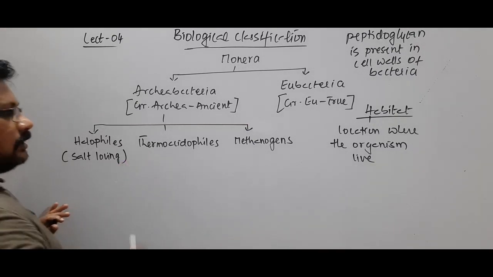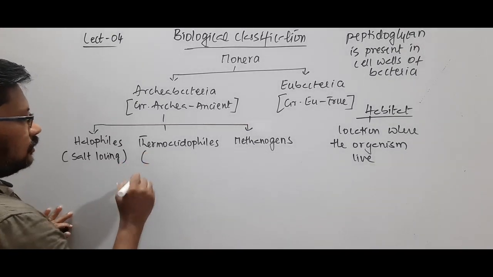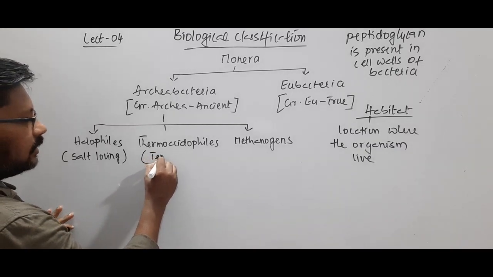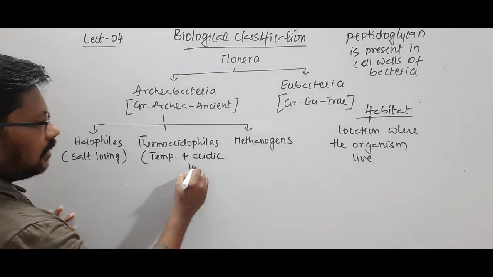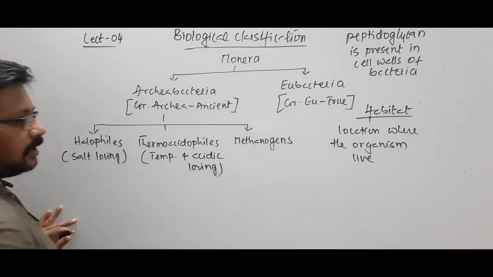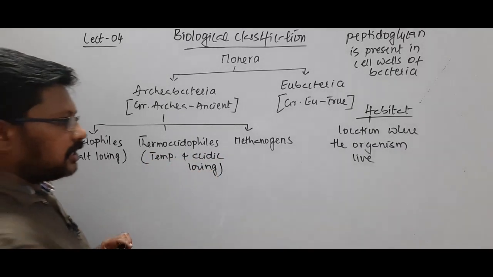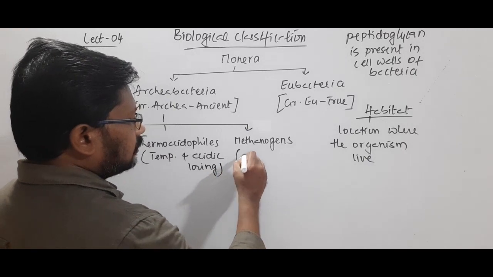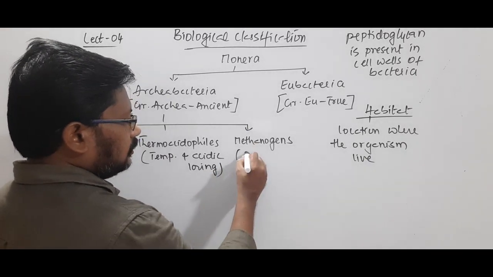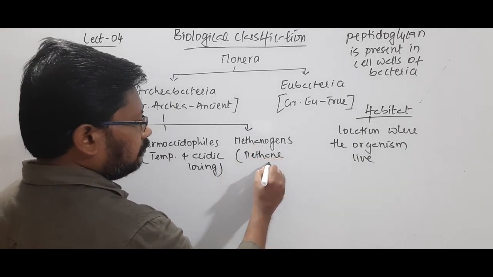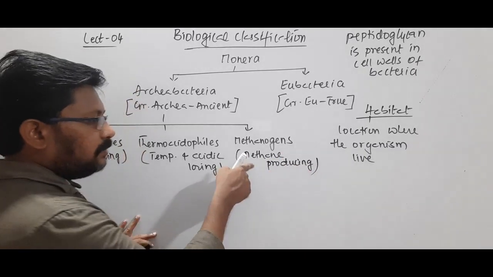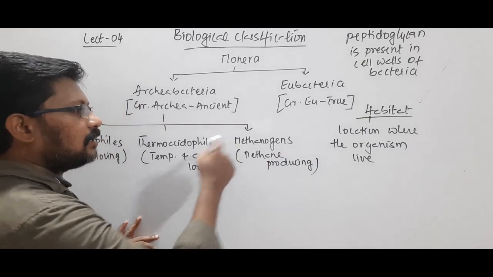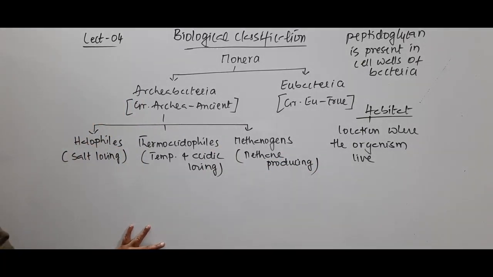Coming to thermoacidophiles, these bacteria like high temperature and are acid loving bacteria. And coming to methanogens, these are the bacteria that produce methane. So methane producing bacteria are called methanogens.